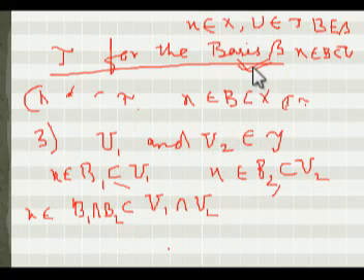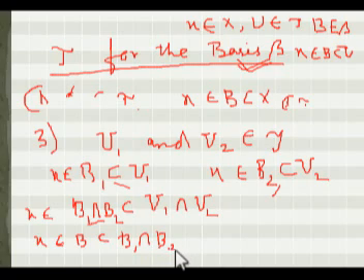Now the second axiom of basis we will use. We must have a B for the intersection such that X belongs to B, a proper subset of B1 intersection B2, and a proper subset of U1 intersection U2.